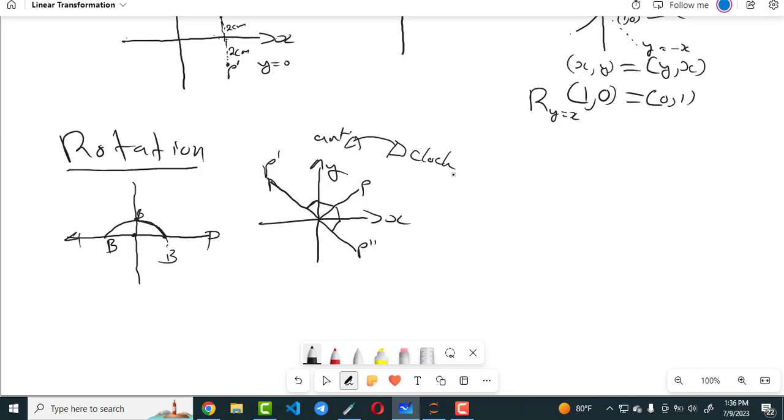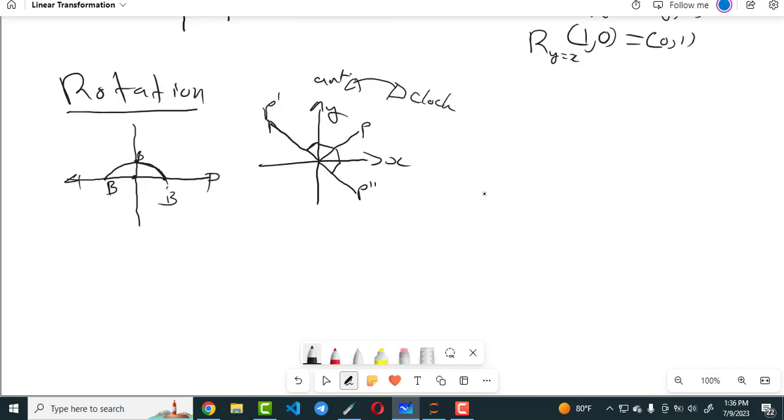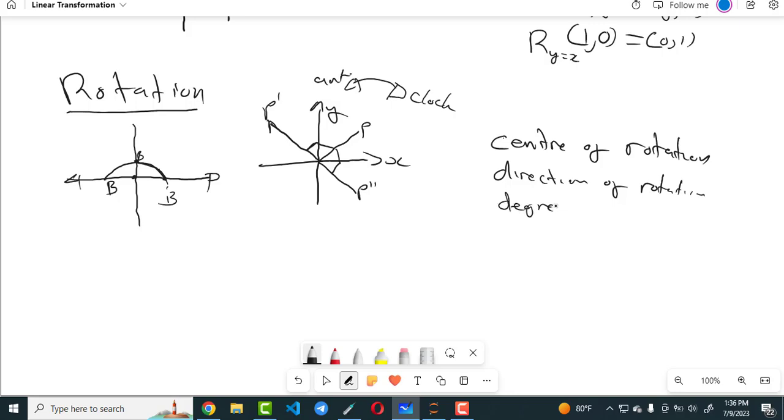In rotation, what you need to know is three things: the center of rotation, the direction of rotation, and the degree of rotation.